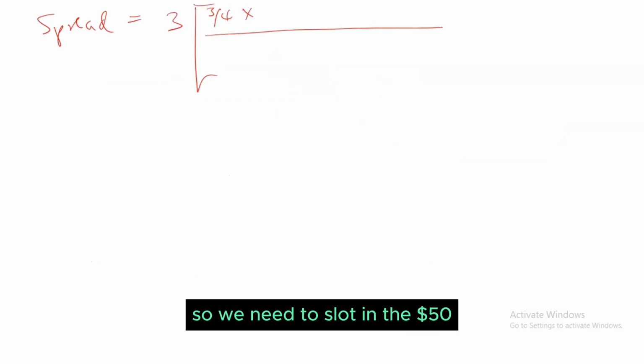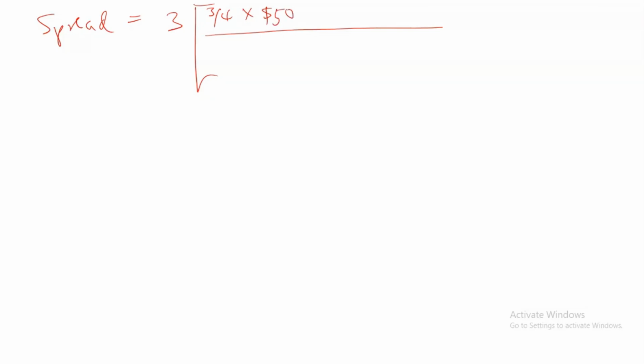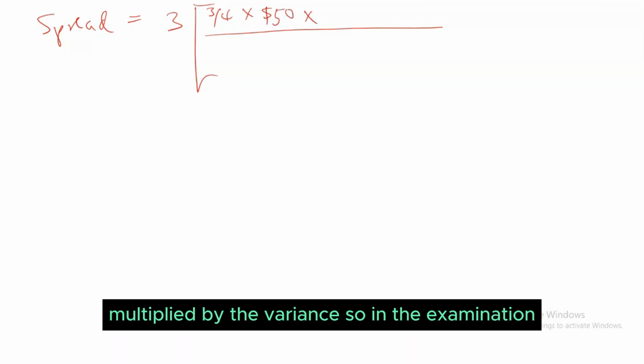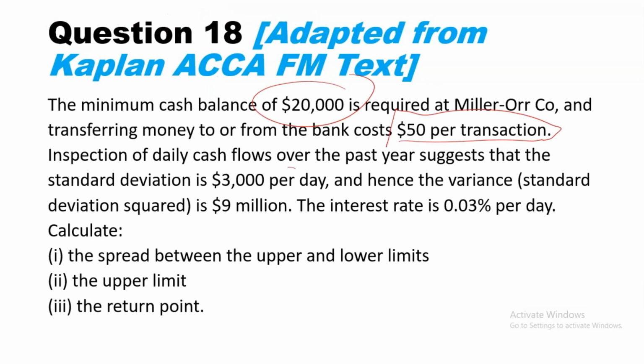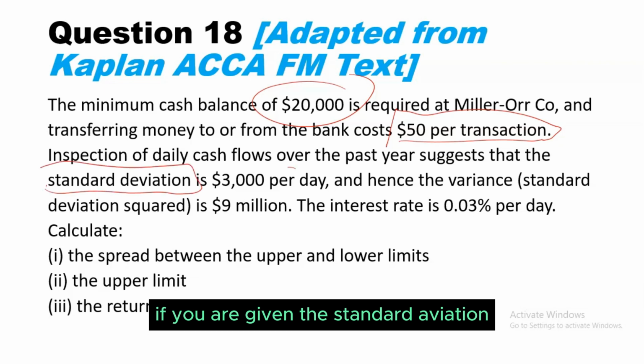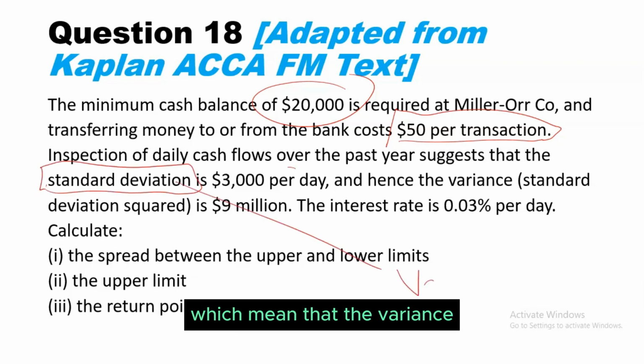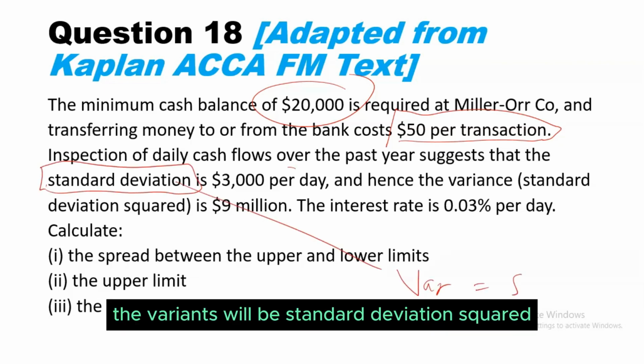So we need to slot in the $50 multiplied by the variance. In the examination, you might be given the standard deviation. If you are given the standard deviation, it means that the variance will be standard deviation squared.